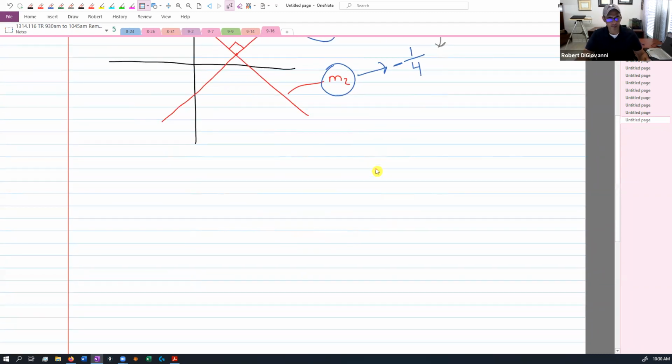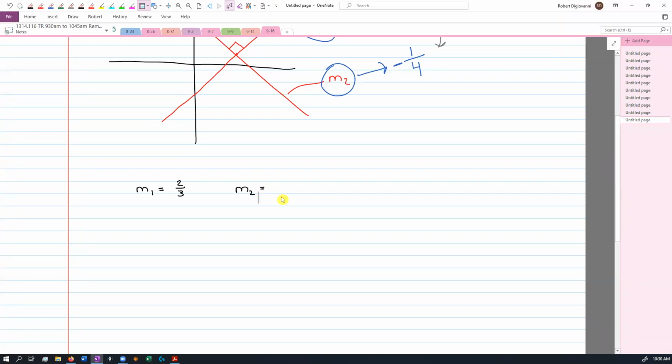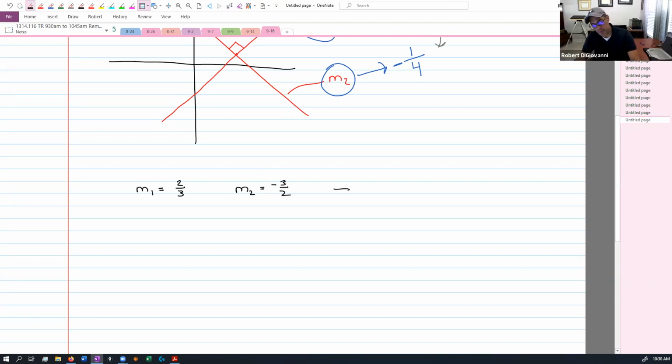So let's see if you really get this. Let's say we had a slope of one line and I told you that it was 2/3. What would the slope of another line have to be in order for them to be perpendicular? -3/2. Okay, these would be perpendicular.